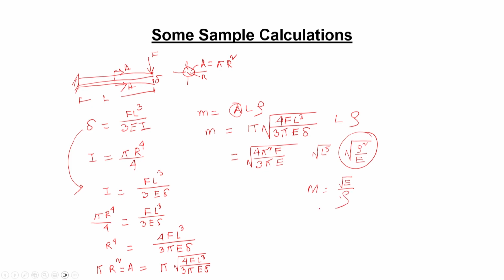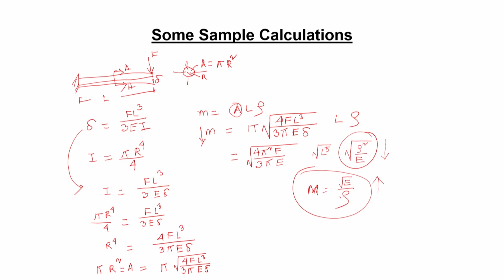Okay. So, that becomes our material property index corresponding to the light cantilever beam, which means very simply that if I want to reduce the mass of my aircraft wing, then from the material point of view, I have to reduce the square root of rho squared over E, which is equivalent to the increase of, look, this is capital M, okay, do not confuse it with the small m, the increase of the material property index, such that the square root of E over rho is actually maximized.